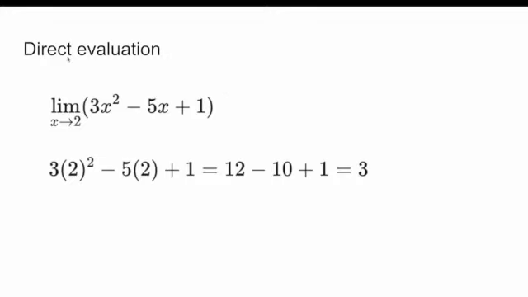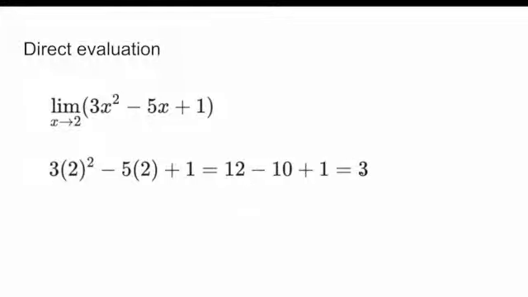So let's first look at the easiest type of limit, direct evaluation. When the function 3x squared minus 5x plus 1 approaches 2, we can literally just find the value of f of 2 to find the limit as x approaches 2. If we substitute, we get 3 times 2 squared minus 5 times 2 plus 1, which gives us 12 minus 10 plus 1, which happens to be 3.